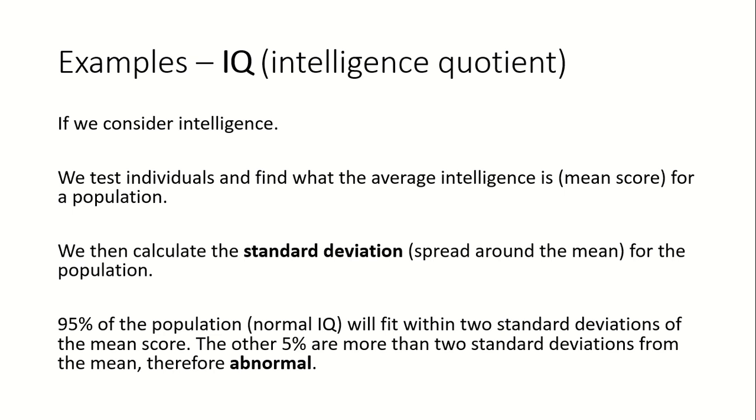And once we have done that, we can calculate a standard deviation, a spread of scores around that average IQ score, and be able to work out which people fit within 2 standard deviations of the mean score and therefore have normal IQ levels, or which people fit within the 5% and fit outside the 2 standard deviations of IQ scores and therefore are completely abnormal.